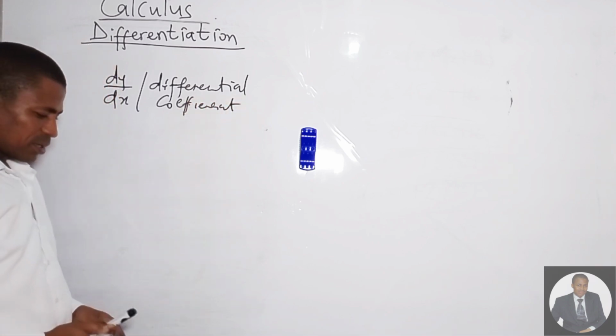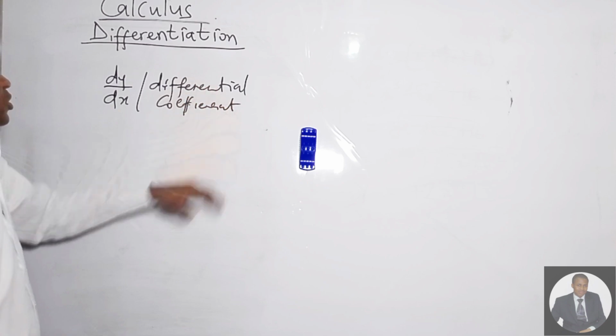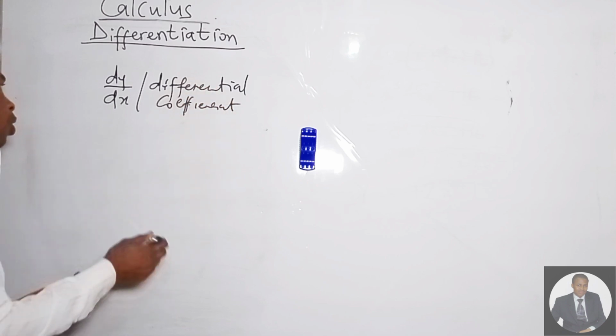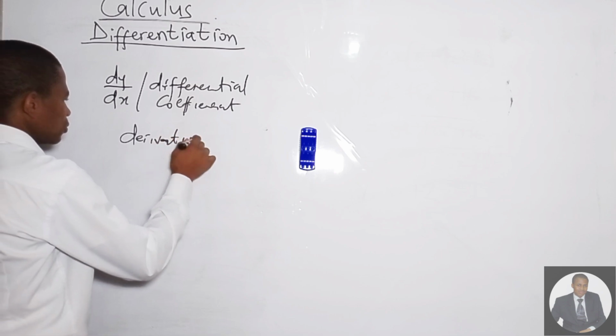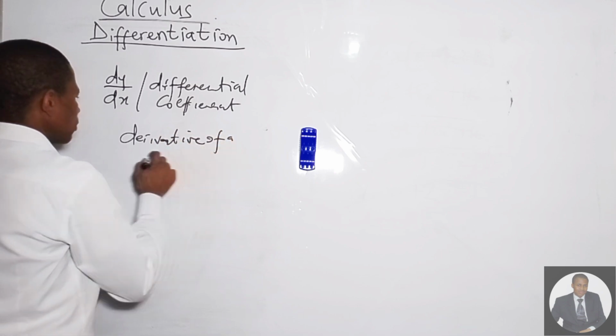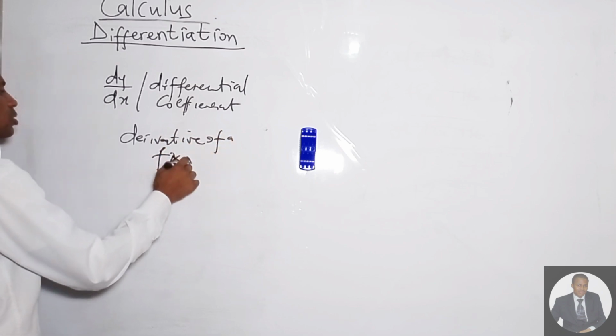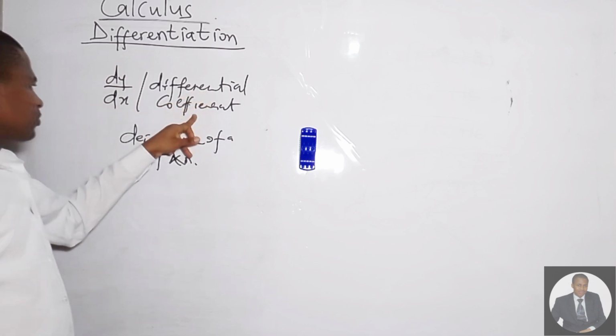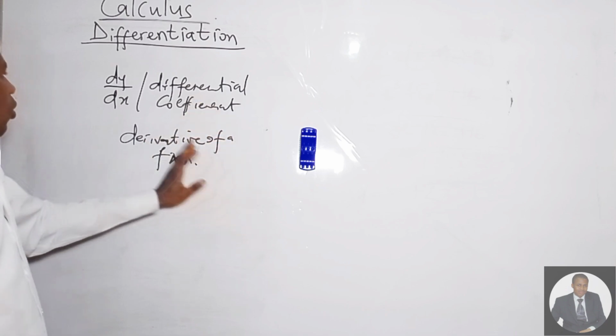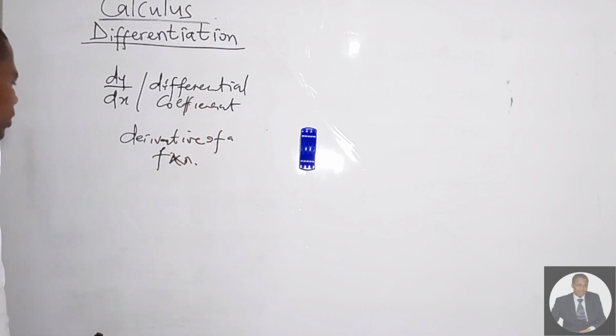The process whereby we find the differential coefficient of a function, or we find the derivative of a function. That is what differentiation is all about: the process of finding the dy/dx, or differential coefficient of a function, or the derivative of a function.